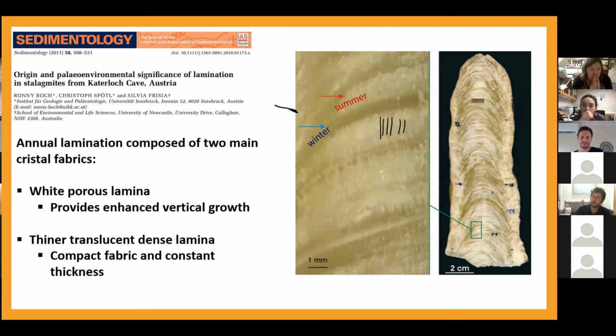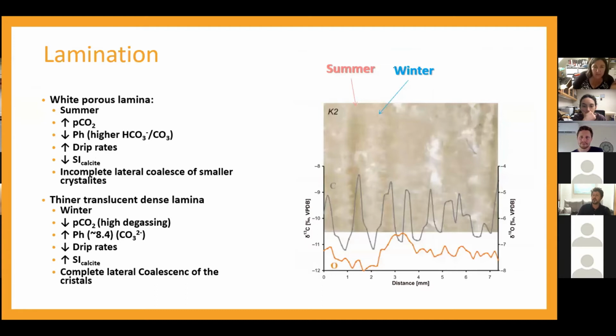The thinner translucent dense lamina occurs during the winter, while this porous fibrous lamina of calcite occurs during the summer. And what changes between summer and winter in this cave?